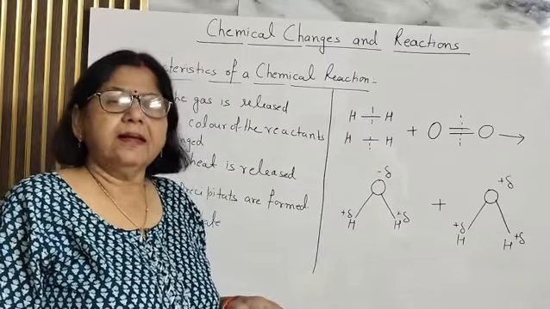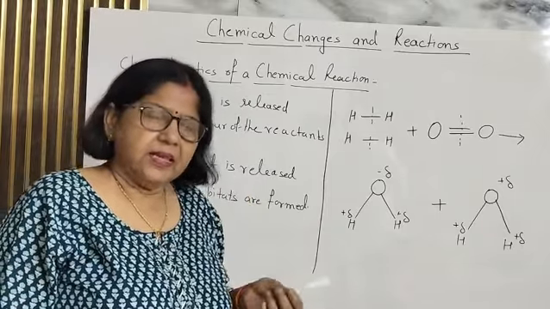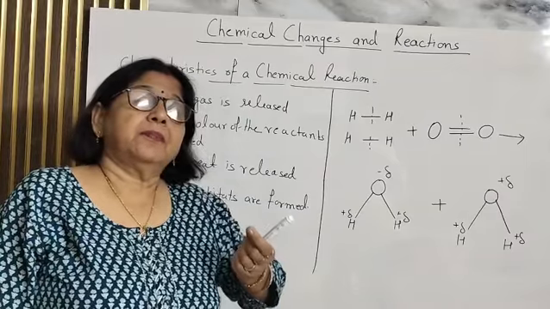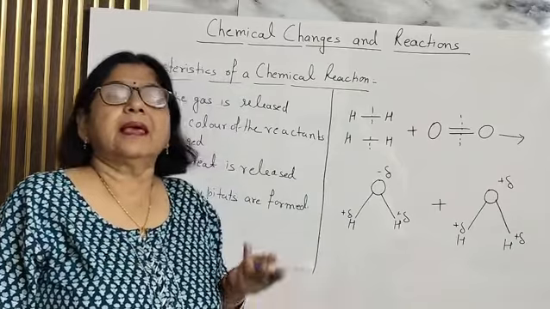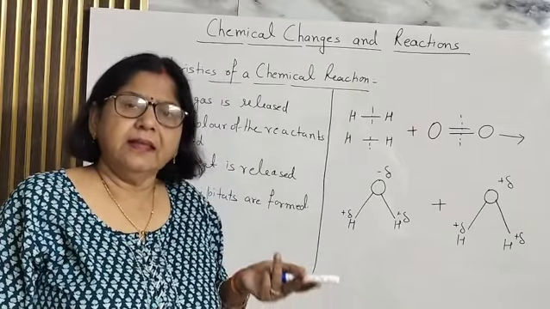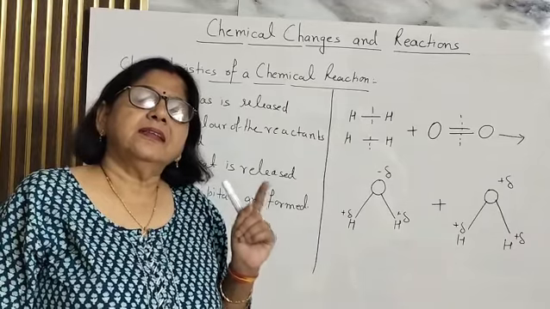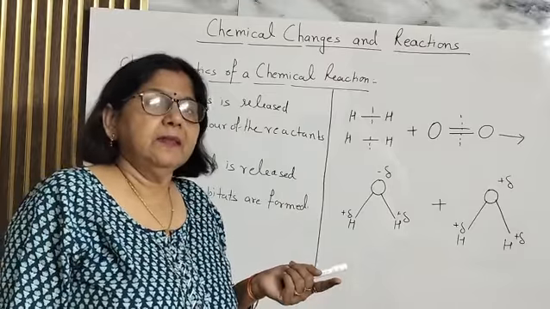Similarly, in a chemical reaction, if you burn paper, what will happen? The color of the paper will change to black. The chemical reaction has taken place. So if anything has a change of color, it means a chemical reaction has taken place.